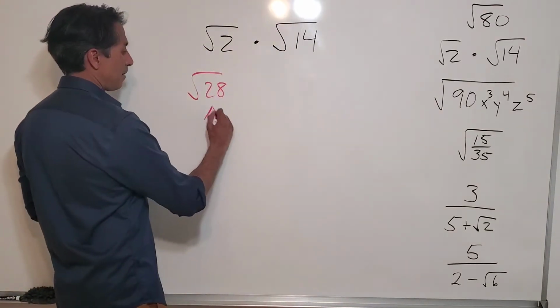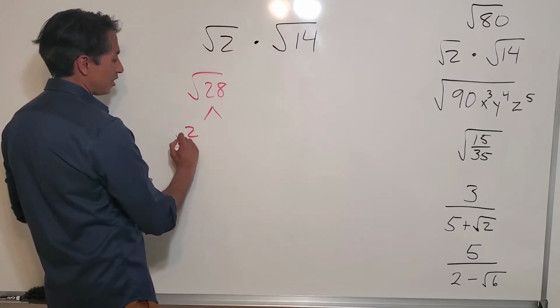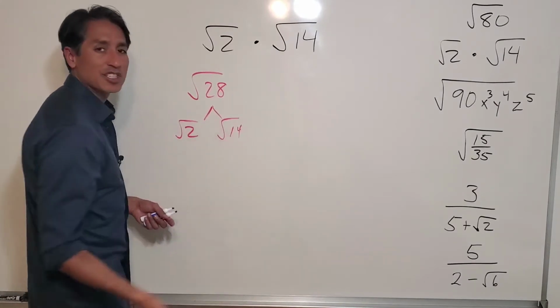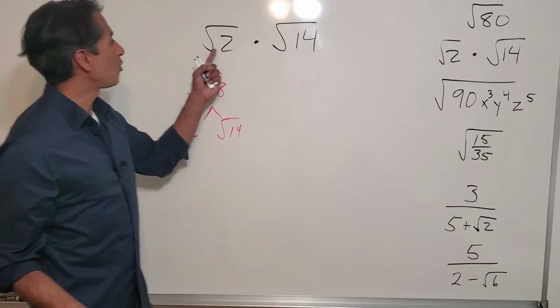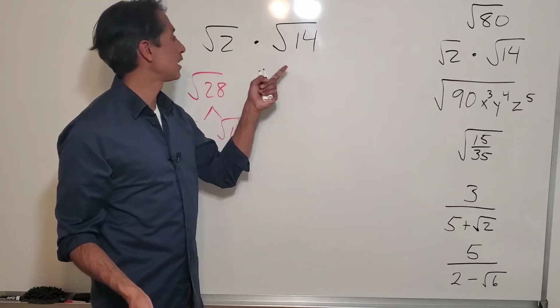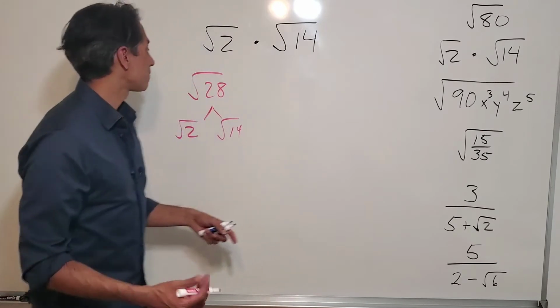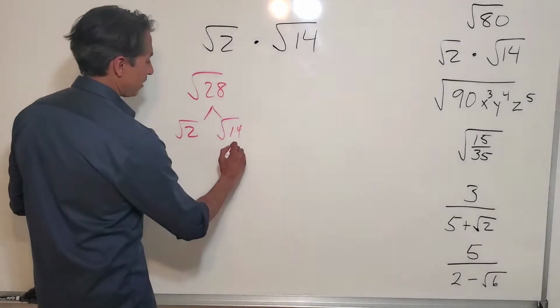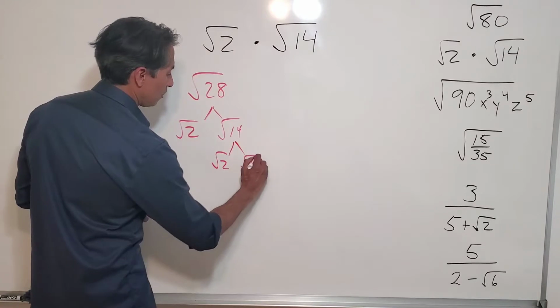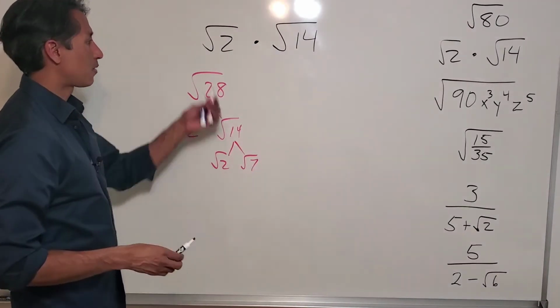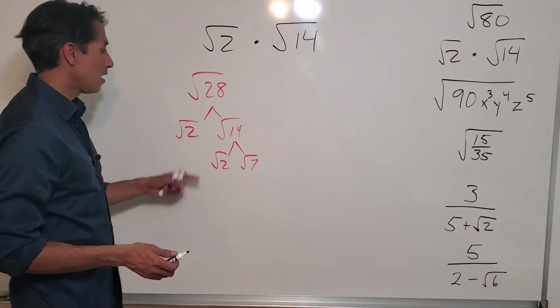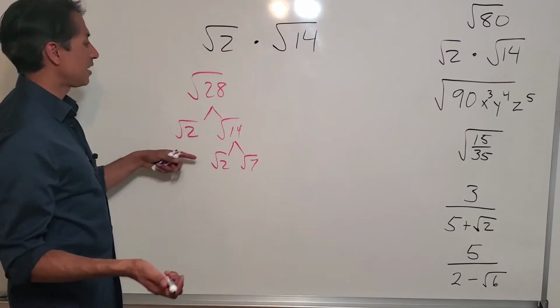If I bust this guy apart, the first thing I'm going to do is pull out a 2, and now I'm right back where I started. So it doesn't really help you to combine all of this stuff, especially when these guys are already reduced to their lowest amount. Because now you're just continuing to keep on going, 2 and 7, and you're right back where you started essentially. Okay, but let's say I didn't do that, or let's say I didn't even know.